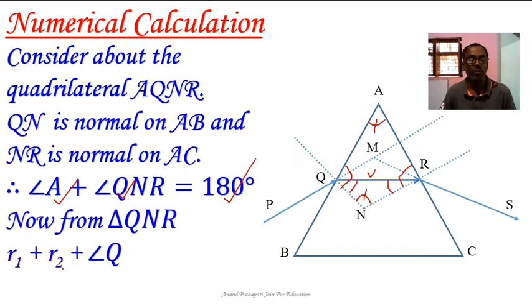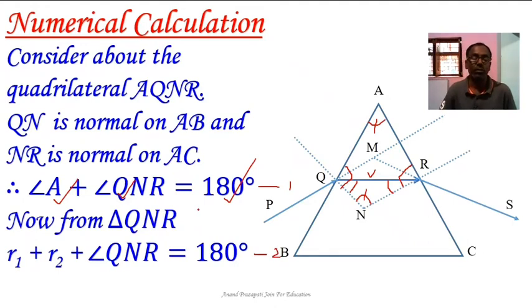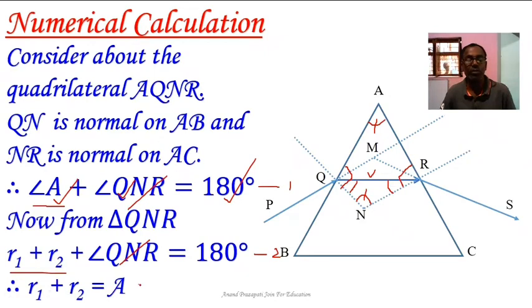So r1 plus r2 plus angle QNR equals 180 degrees. Suppose this is equation 1 and this is equation 2. If we compare these two, angle QNR cancels out, and A equals r1 plus r2. So r1 plus r2 equals A. There is no problem understanding this calculation. Let's develop the class.